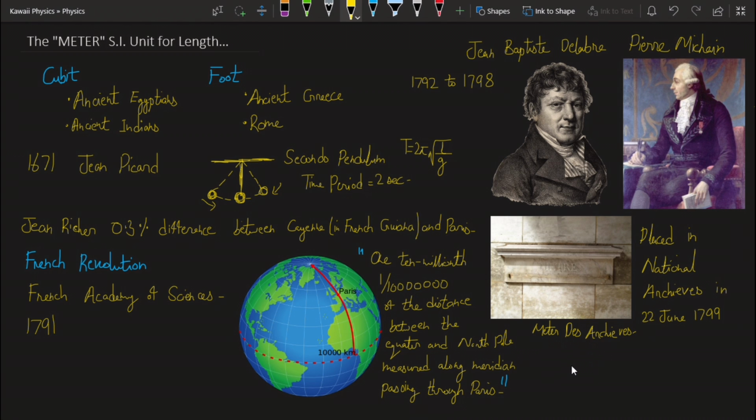So the calculations were also wrong. Plus, it wasn't exactly 1/10 millionth of the distance. So that was also a problem. So it became a need to develop another meter bar.